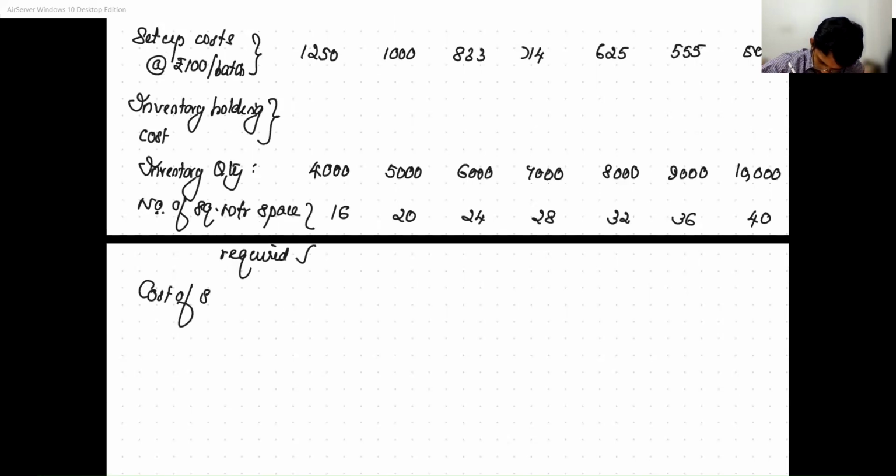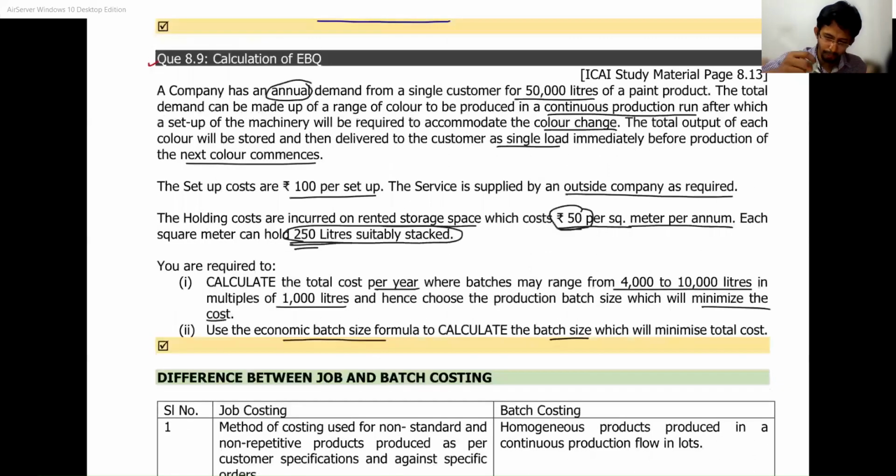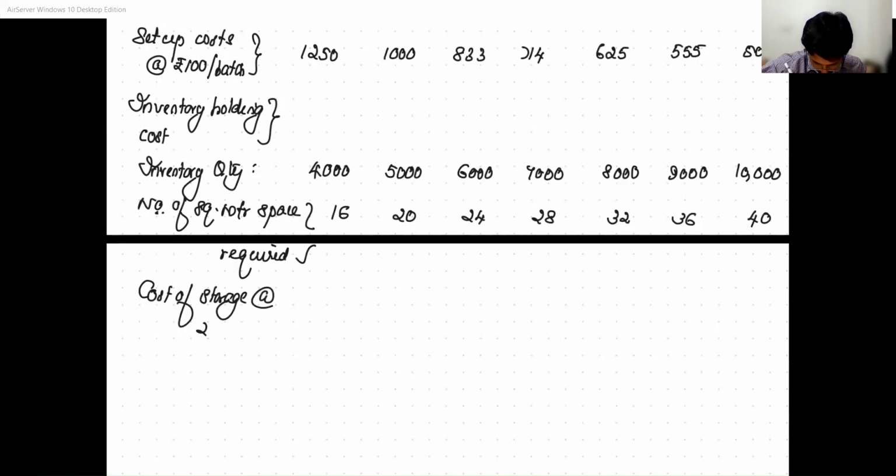Okay, so cost of storage at rupees 50 per square meter. Sixteen into 50, that is 800. 20 into 50, that is 1,000. Okay, now here there is a catch. I will come to that later.